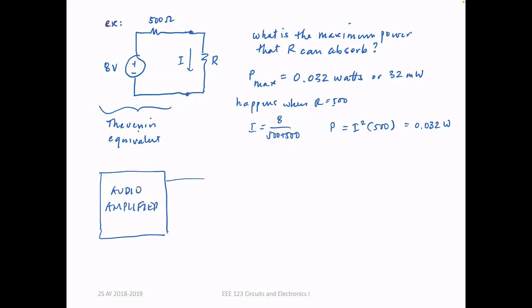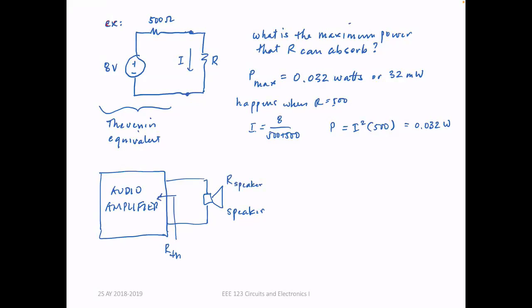Where do you connect the output of the audio amplifier? You connect it to the speaker. Looking into the speaker terminals, this audio amplifier has an R_TH. That has a Thevenin resistance. And your speaker also has a resistance, R speaker.